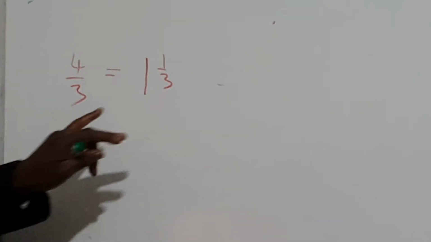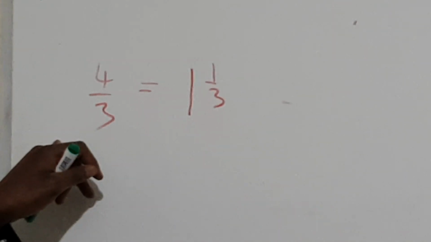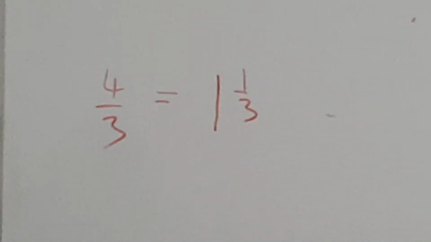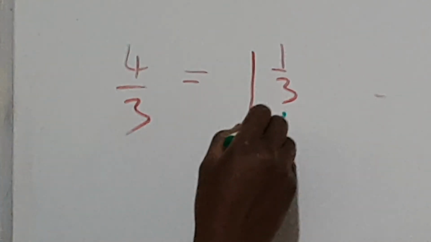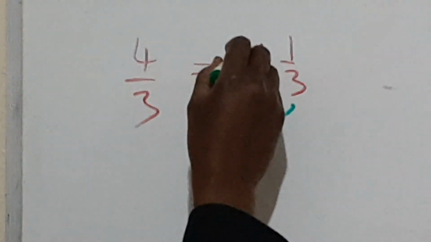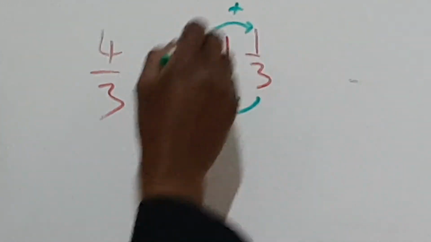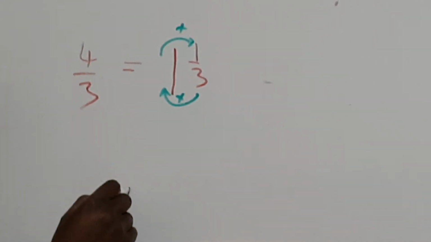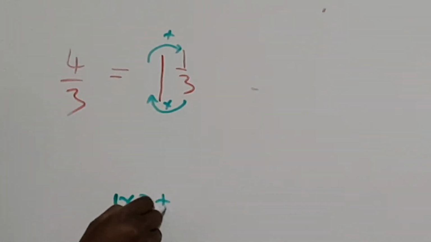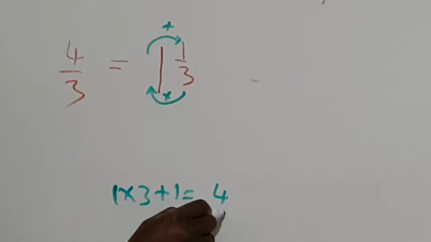In the same way, you can convert this back to improper. You multiply and add that one. In school they say 1 times 3 plus 1 equals 4, so 4 over 3.